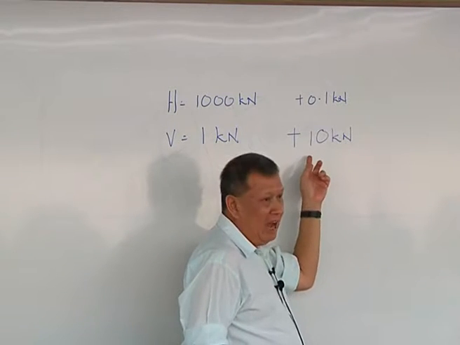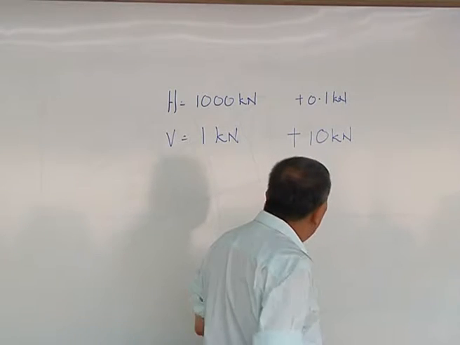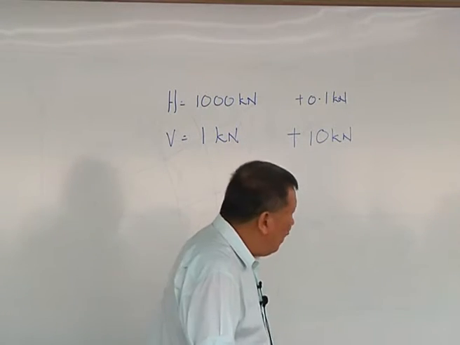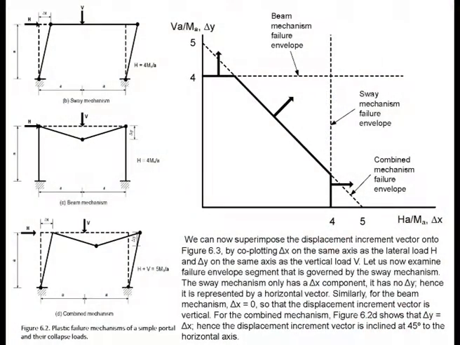This is not anywhere near breaking the camel's back. So if you look at the deformation mechanism, it tells you that there is only going to be a horizontal movement and no vertical movement. So when you draw the deformation vector, it will show you that you only have horizontal deformation and no vertical deformation.